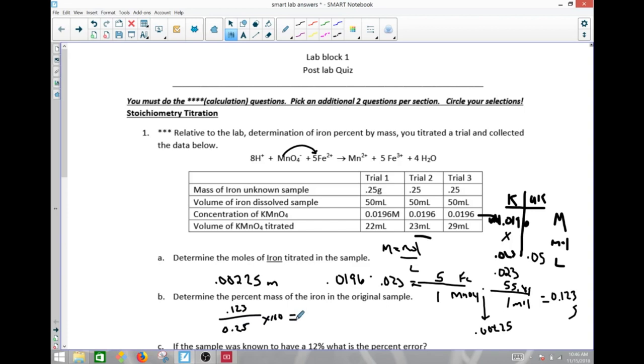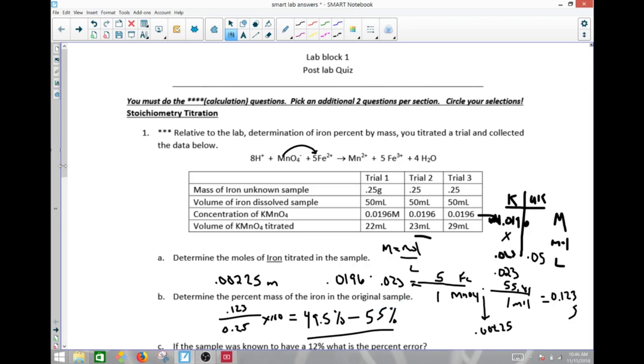Dividing by 0.25 and then times 100, I'm getting a little under 49.5, but again, it's really close to 50%. So I'm going to put 49.5%, and I see other numbers here ranging everywhere to like 55%. So anything in that range would be acceptable.